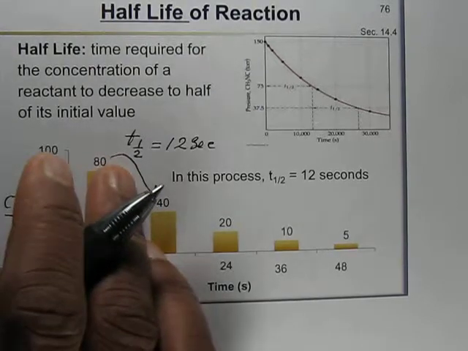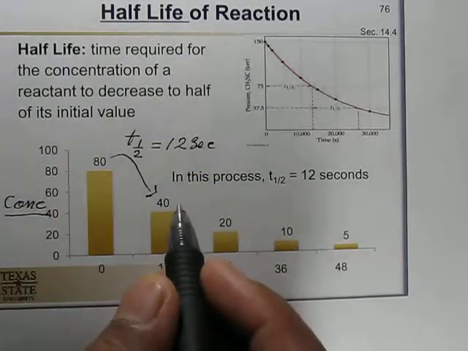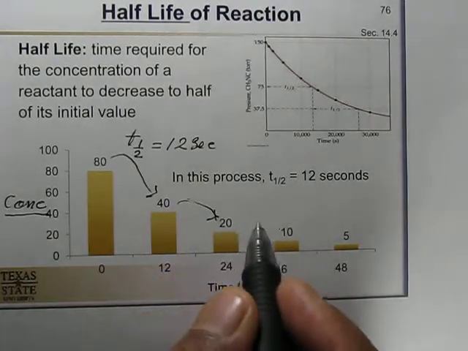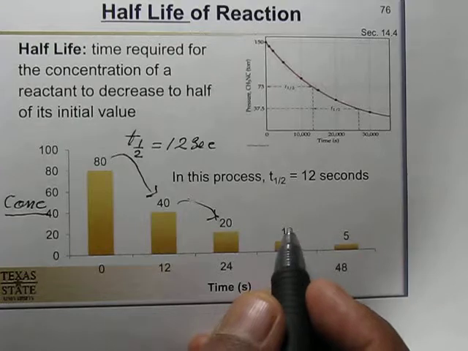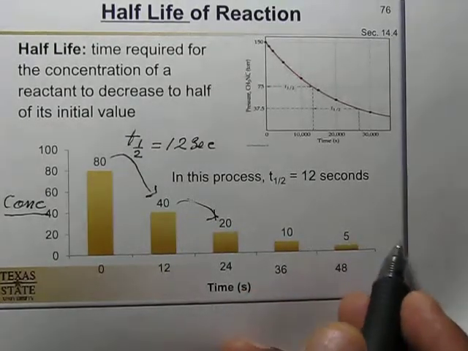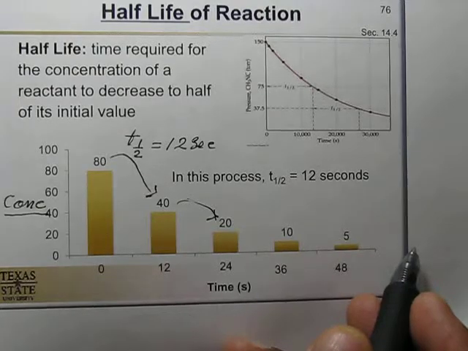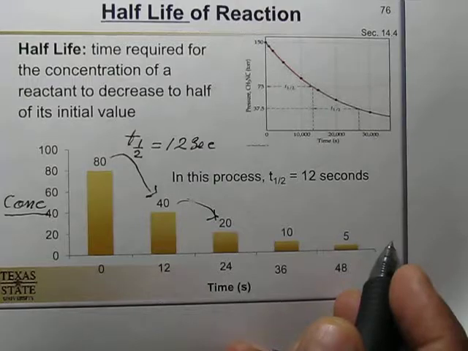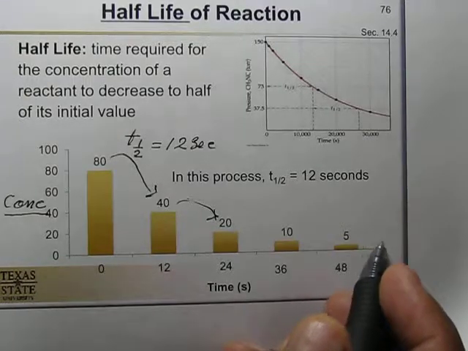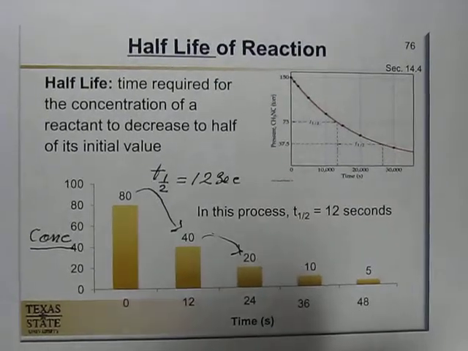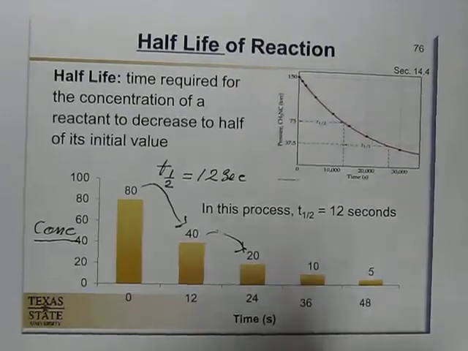So this is the first half-life, and after the second half-life it will become 20%. After the third half-life it becomes 10%, after the fourth half-life it becomes 5%, and after the fifth half-life this will become 2.5%. So every half-life the reactant concentration will decrease to half.